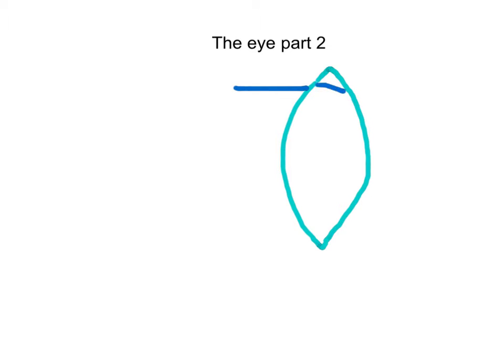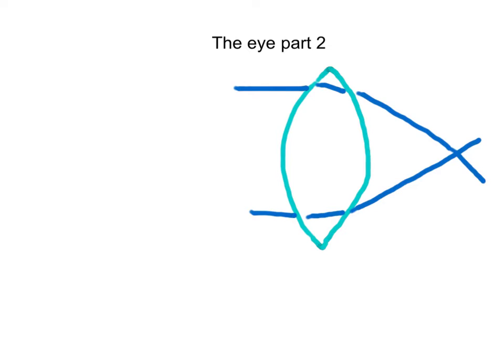Now what we have is, if we have a convex lens, what a convex lens does is it focuses light. So light comes into it and it focuses or converges that light.